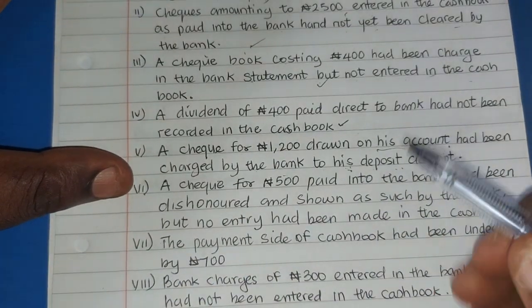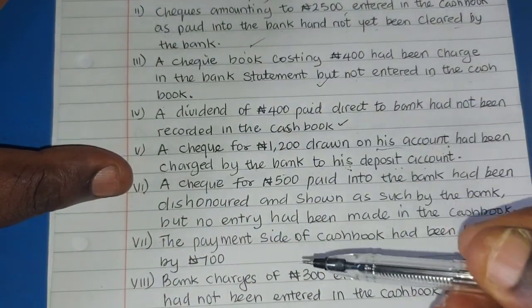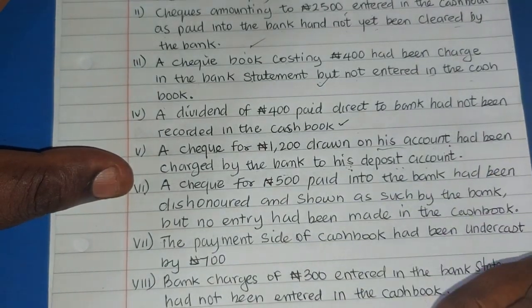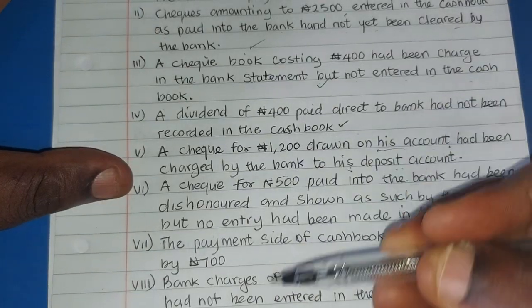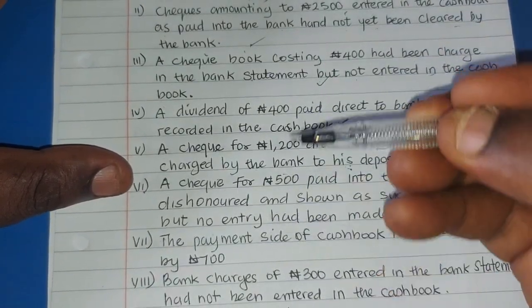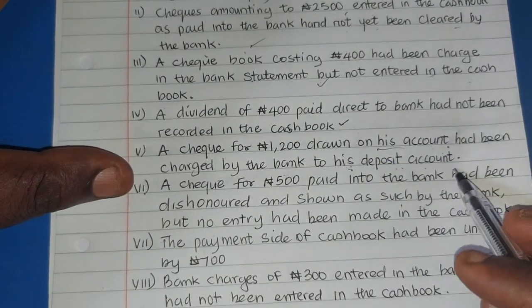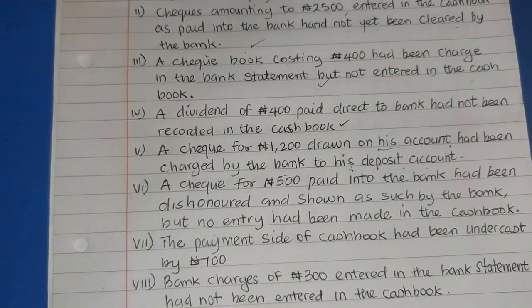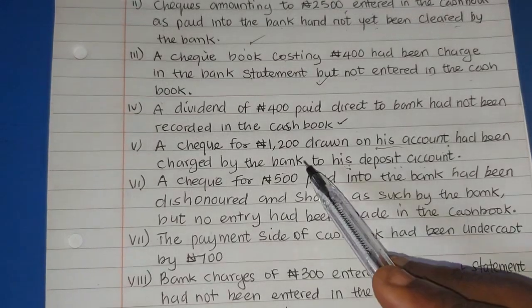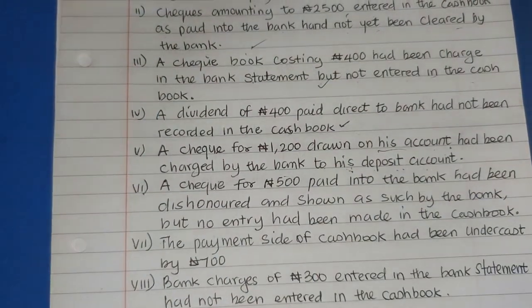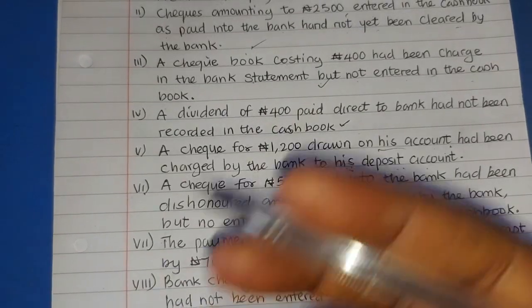So it means that the current account has been added. That is, I will call it indirect crediting of the current account. So when you have a bank error, and that mistake is from the bank, it is automatically an indirect credit entry.